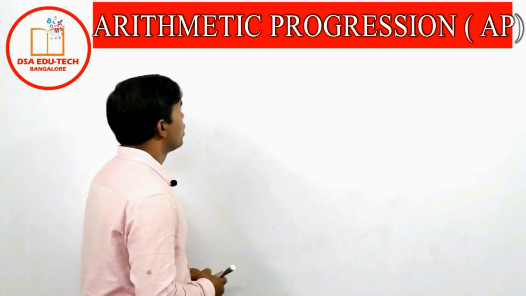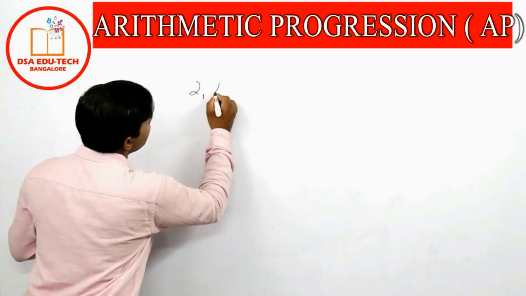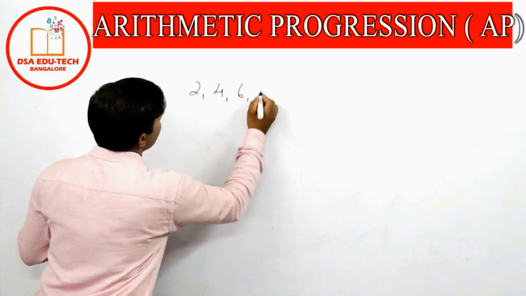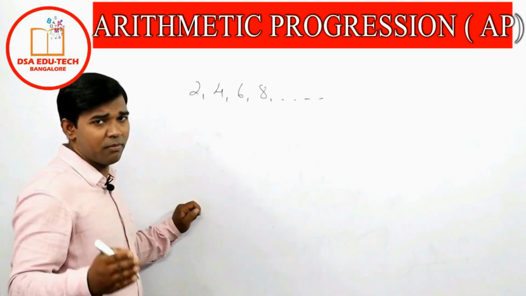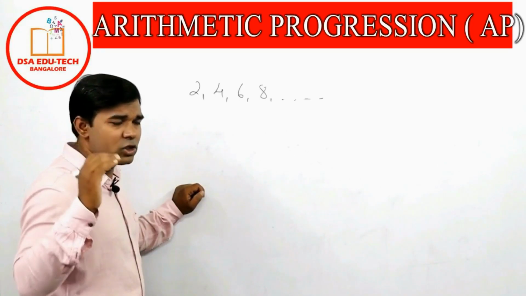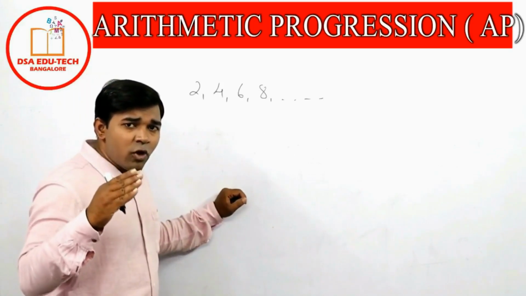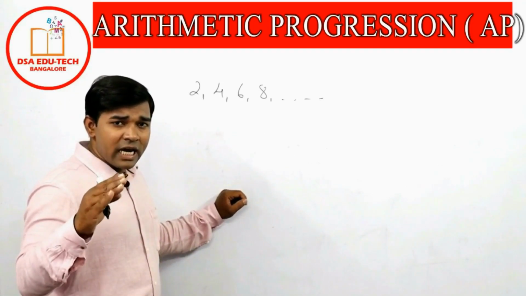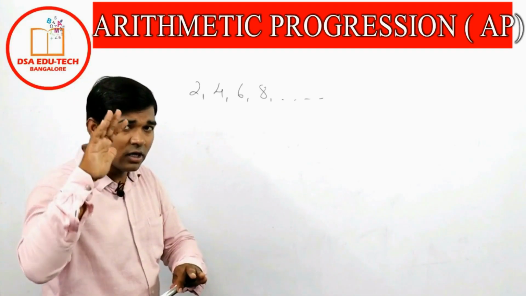Yes. So let me write a list of numbers, that is 2, 4, 6, 8 and so on. Before I go next, I want every one of you to understand certain terminology that you need in order to understand the chapter.